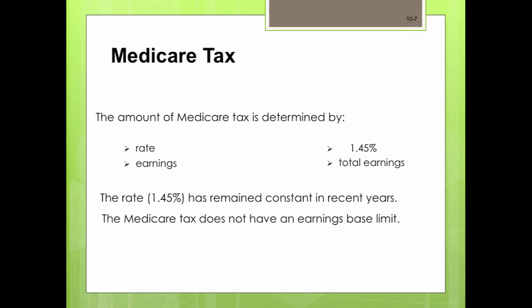What this means is not only are you going to withhold 1.45% of the employee's earnings, you're also going to set aside 1.45% of your own money to match that tax and pay it when it's required.